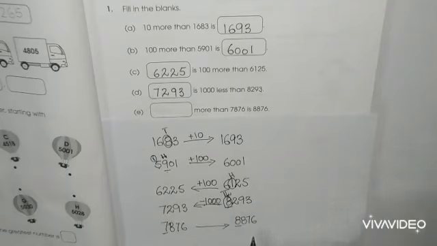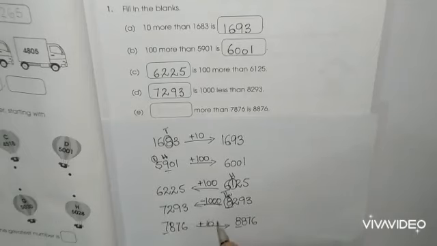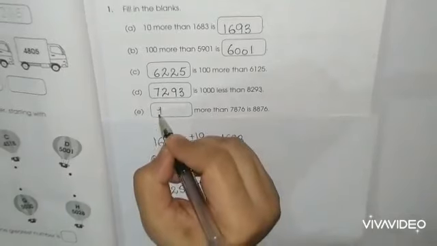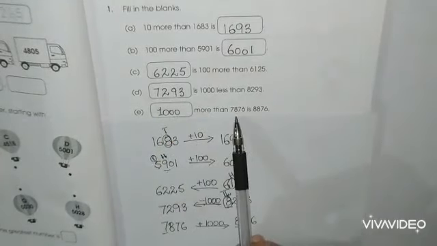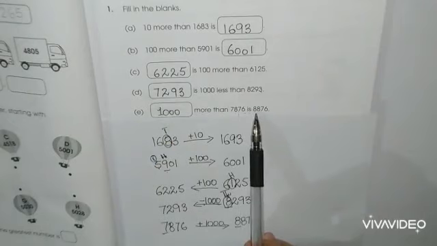All other columns are the same. It means we have to check this column. In the start it was 7000 and the answer is 8000. It means one more thousand is added to get the answer 8876. So 1000 more than 7876 is 8876.